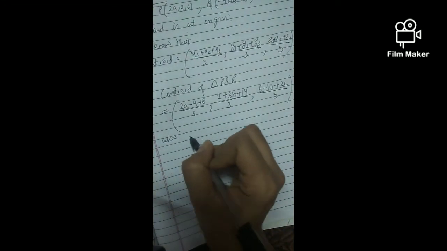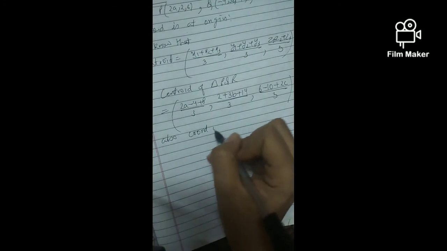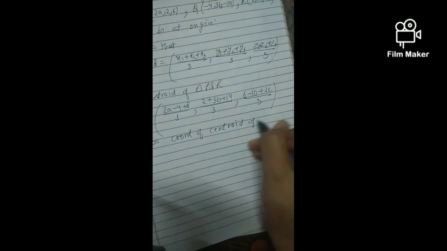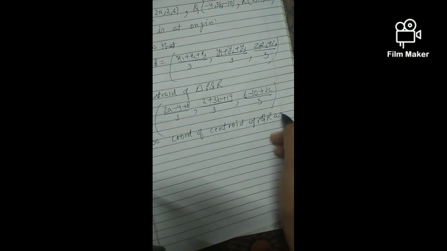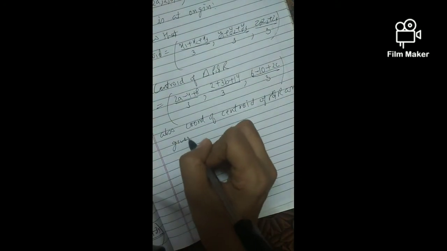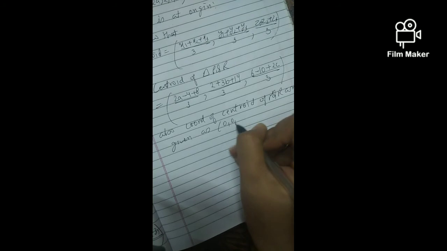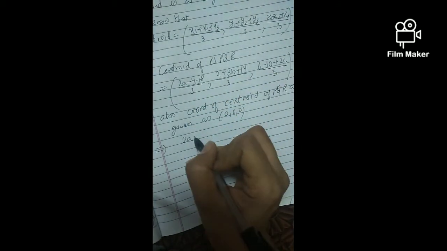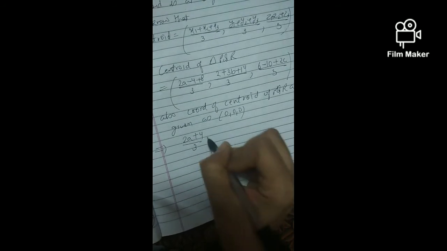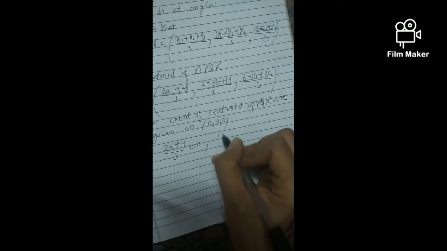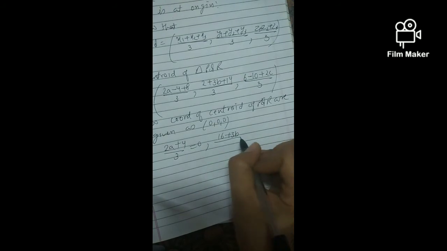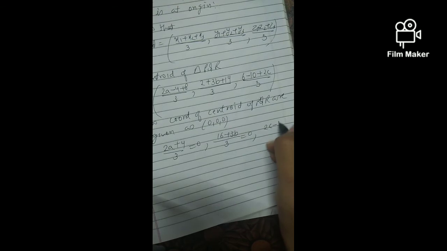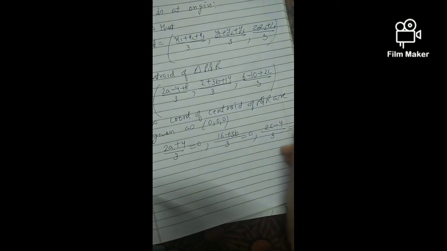Also, the coordinates of the centroid of PQR are given as the origin, that is 0, 0, 0. Which implies (2a plus 4) by 3 is 0, then (16 plus 3b) upon 3 is 0, and (2c minus 4) upon 3 is 0.